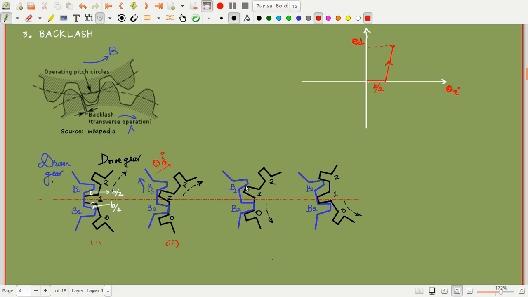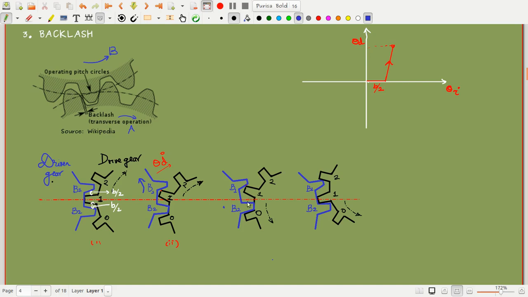The drive gear is now at position B1. Only when the tooth of the drive gear touches the tooth of the driven gear can it initiate rotation for the driven gear. So the tooth of the drive gear is at B1 and it has to go and touch B2.